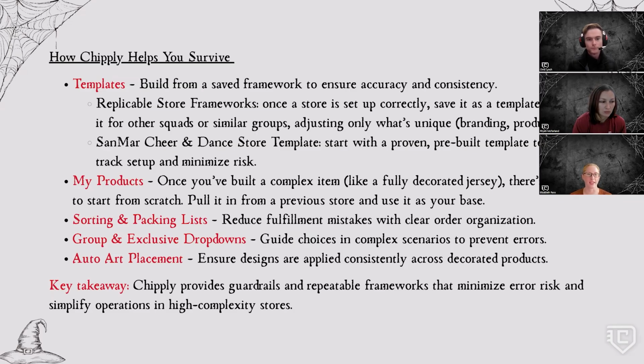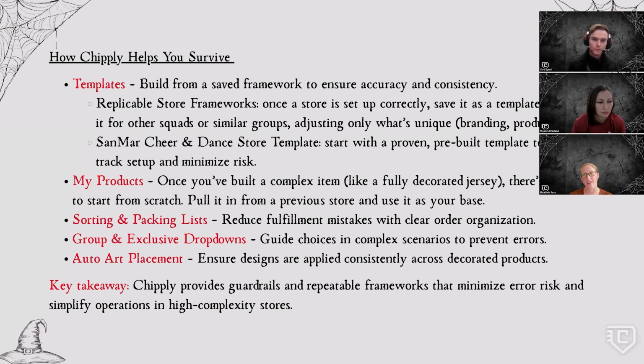My products, again, if you've built something that's really complex, that's specific to a certain item, you can go ahead and save that and then pull it into different stores as needed and just make those tweaks to make it relevant to that store. Again, you're sorting in packing lists, the group and exclusive drop downs, and the auto art placement just makes sure that people are ordering correctly.